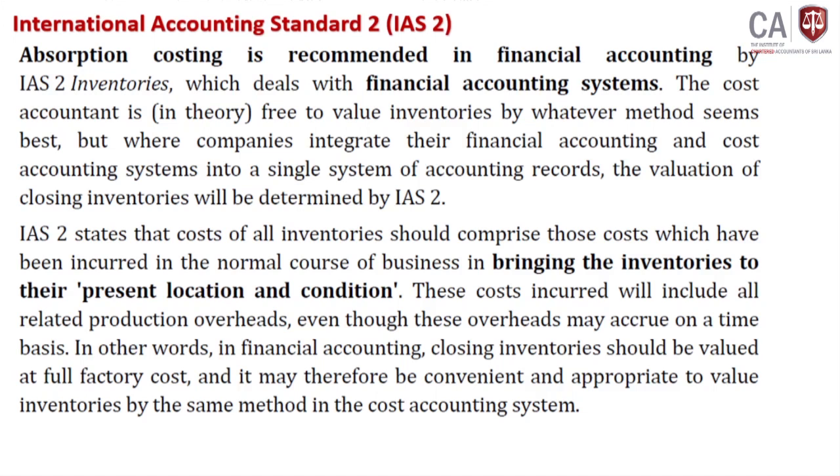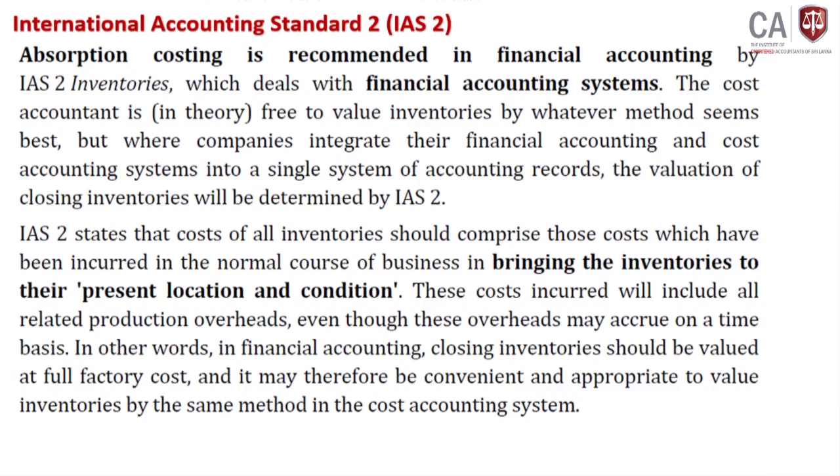The accounting standard says the cost of inventory should be the cost incurred to bring the inventories to their present location and condition. So to bring inventories to that condition and location, you incur not only prime cost, but fixed production cost as well, right.